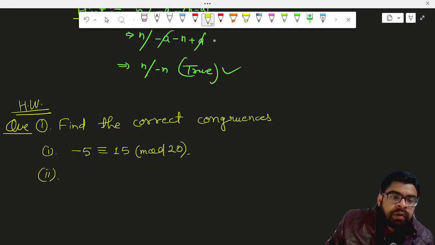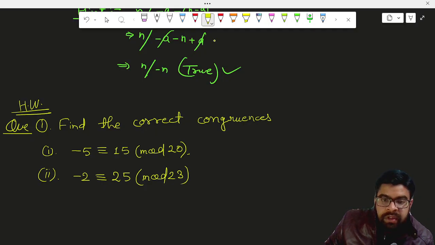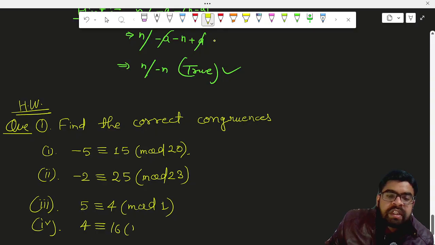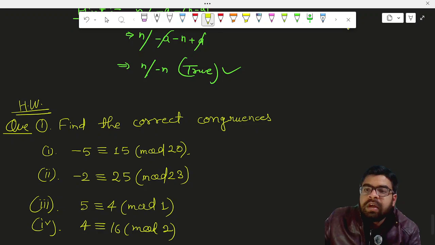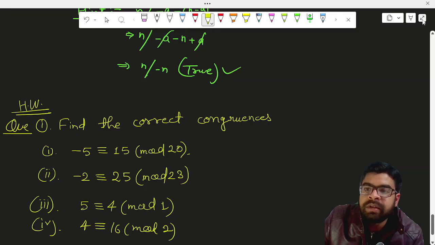The second question is minus 2 congruent 25 modulo 23. The third question is 5 congruent 4 with modulo 1. And the fourth question is 4 congruent modulo 16, 4 congruence modulo 2. Okay, so solve all these questions and give me the answer in the comment box. Thank you.